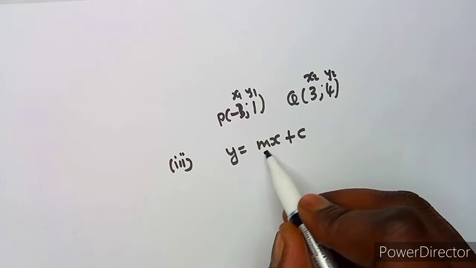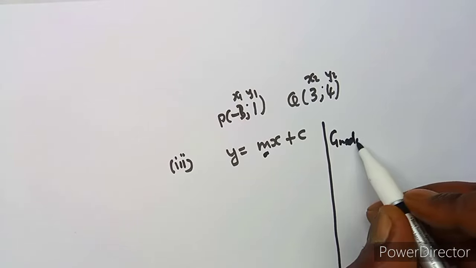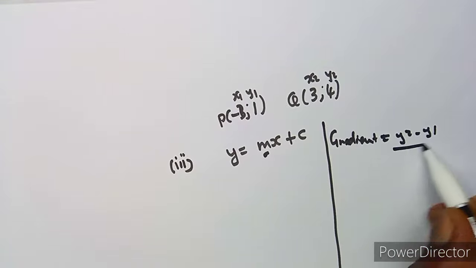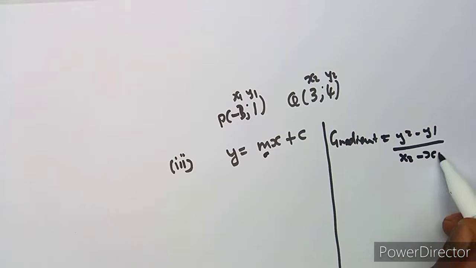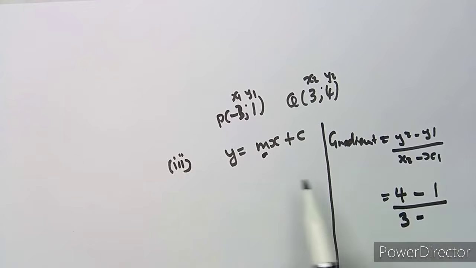Which means our m here, which is our gradient, remember, is given by the formula (y2 - y1) over (x2 - x1). So you can substitute our values here. That's y2, which is 4, minus y1, that is 1, over x2, in this case 3, minus x1, which is -3.